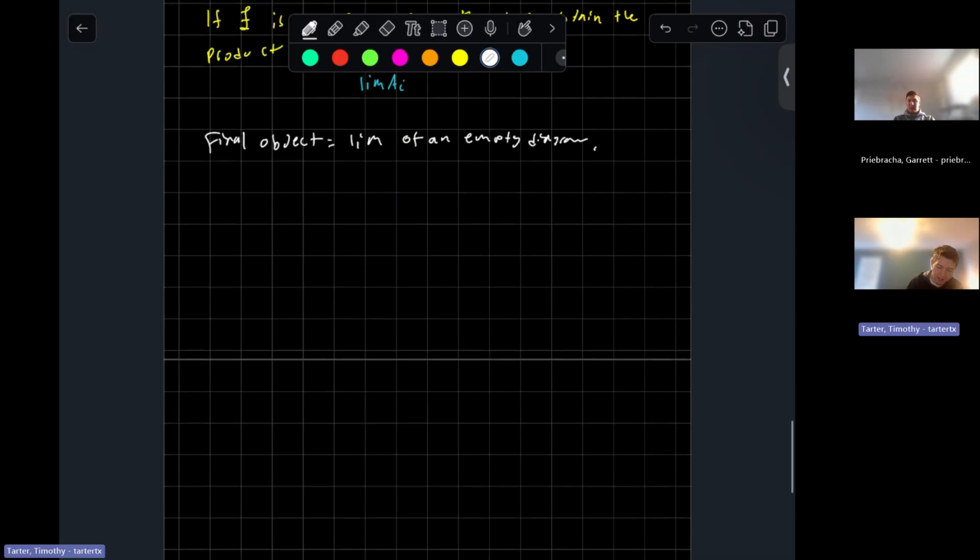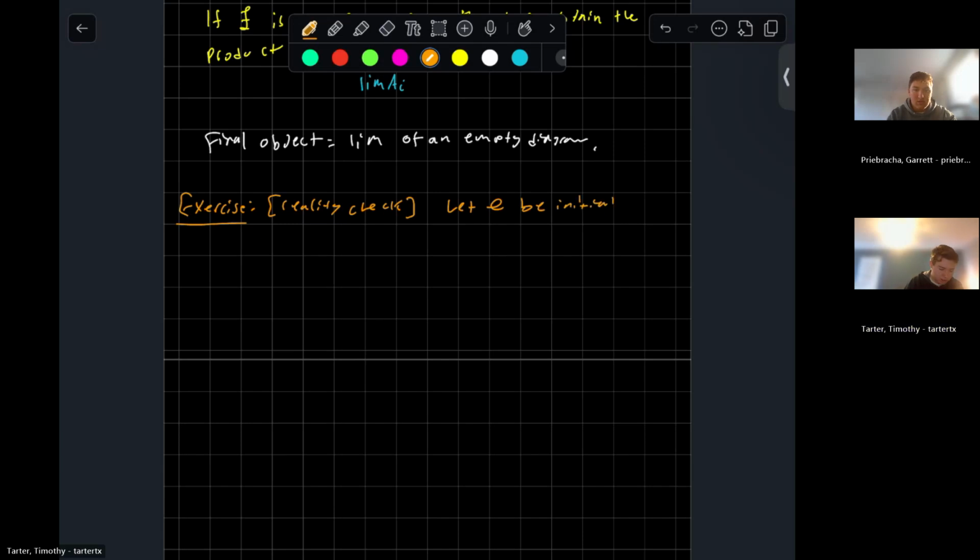Okay, as a reality check. So, literally the next exercise is a reality check. Exercise, reality check: let E be initial in a category F, which is a poset.